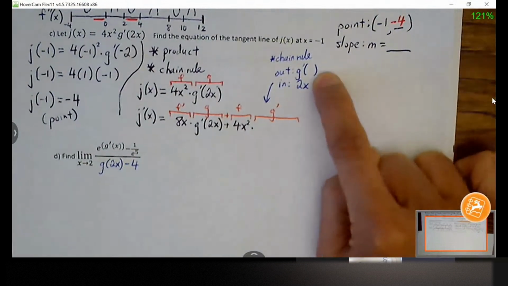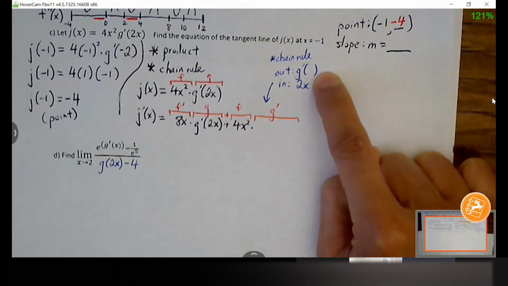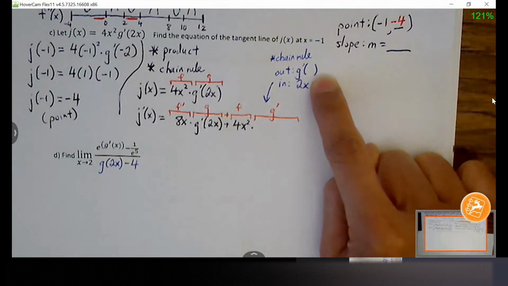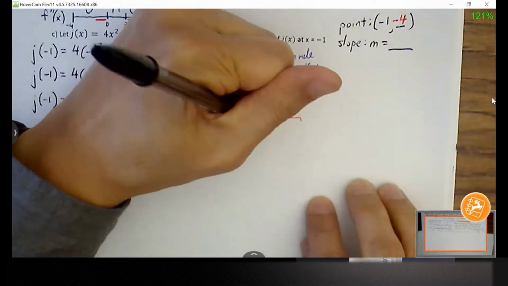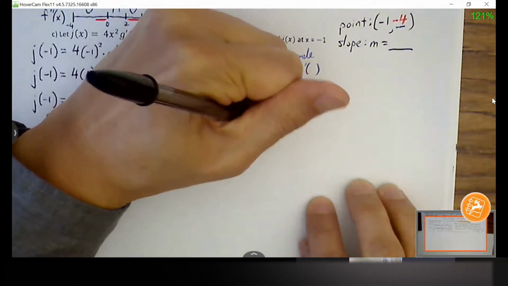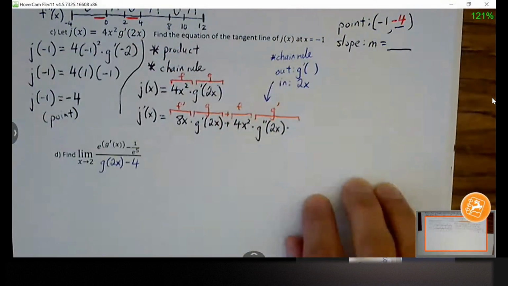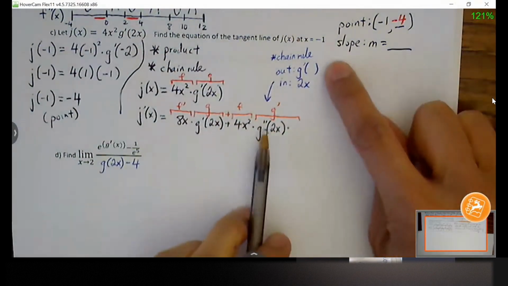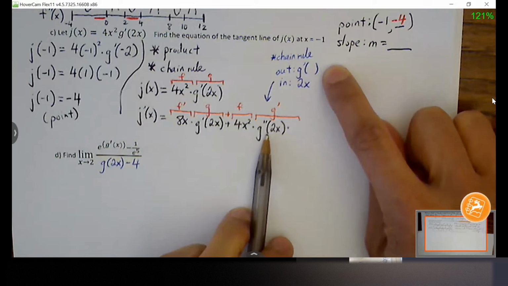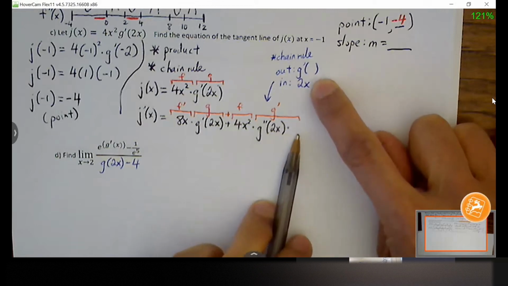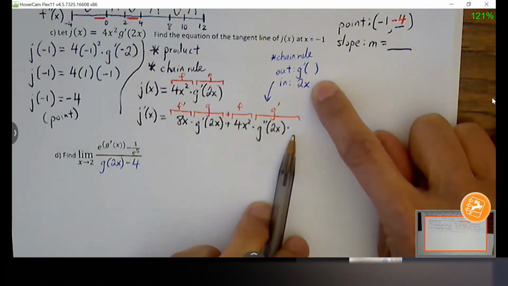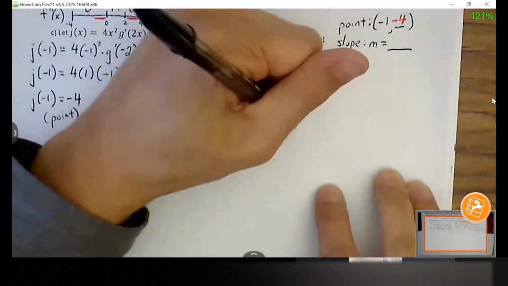All right, what's G prime going to turn into? G double prime. Copy the inside exactly as you see it. Don't make any changes. So we took care of the outer's derivative. Times, what's the inner's derivative? 2. Times 2. Good.